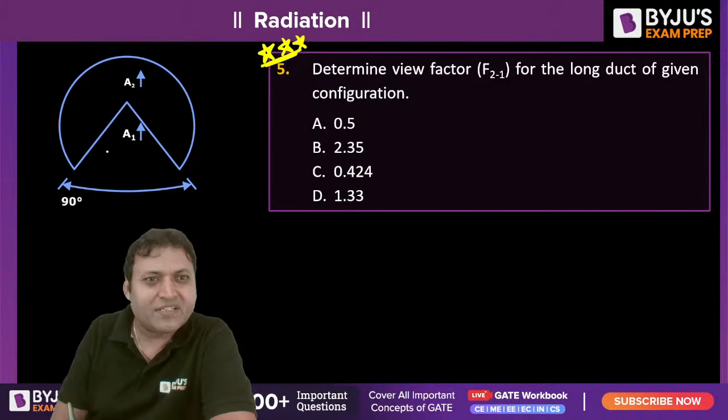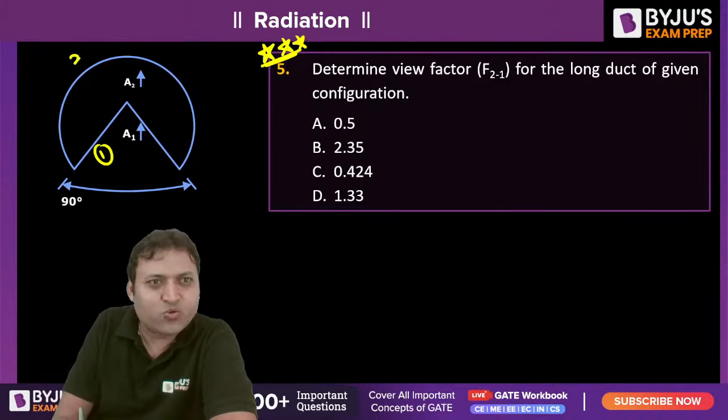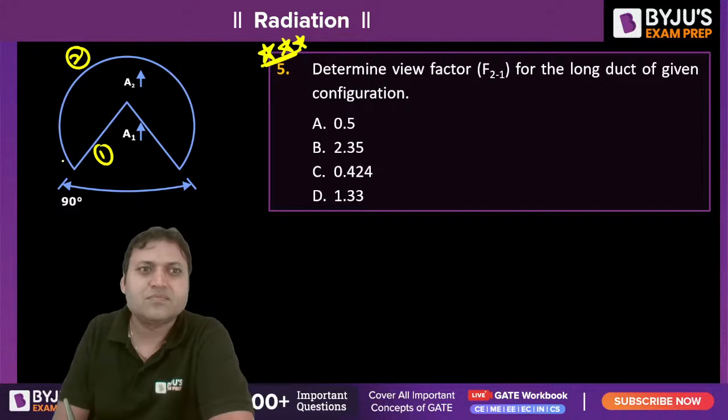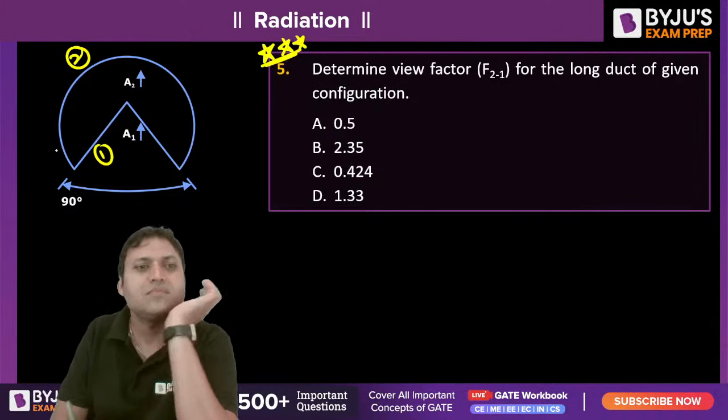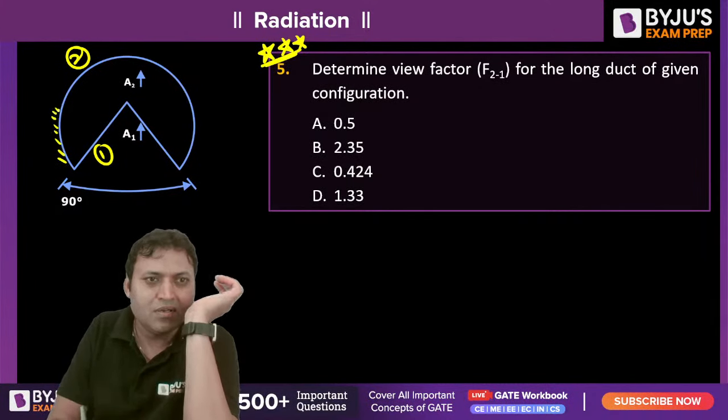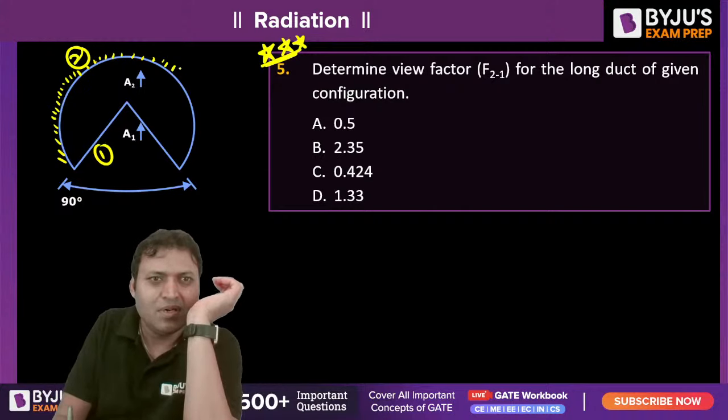This is surface 1, this is 2. Two is insulated from outside like this. This is how heat exchange will be taking place.